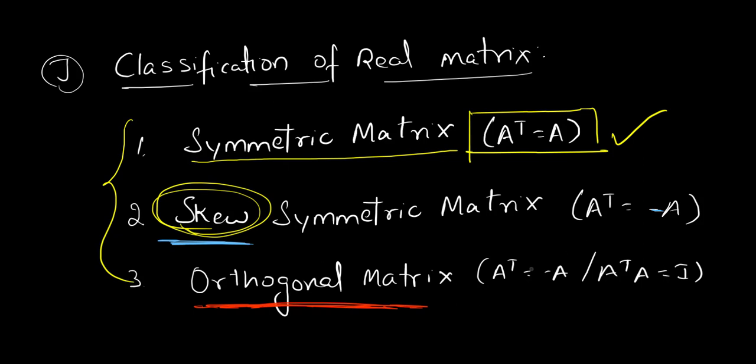For ortho, we can use either A transpose equals A power minus 1, that is A transpose equals A inverse, or A transpose into A equals I. Any of these works. We need to remember all these three. So let us see them one by one in detail.